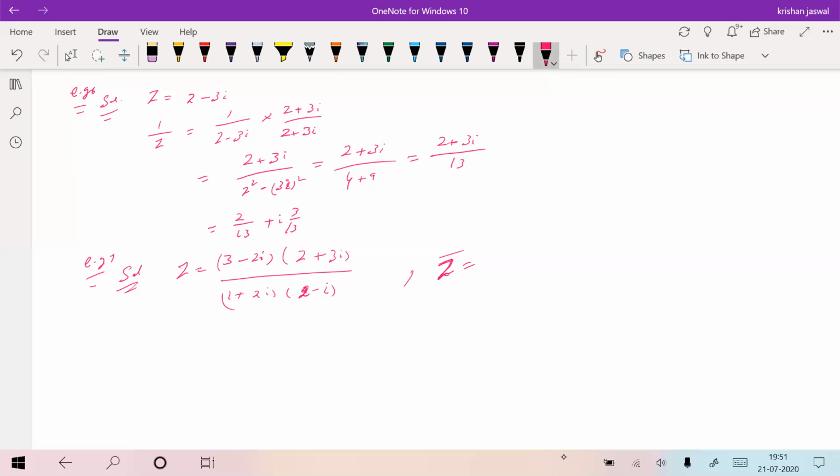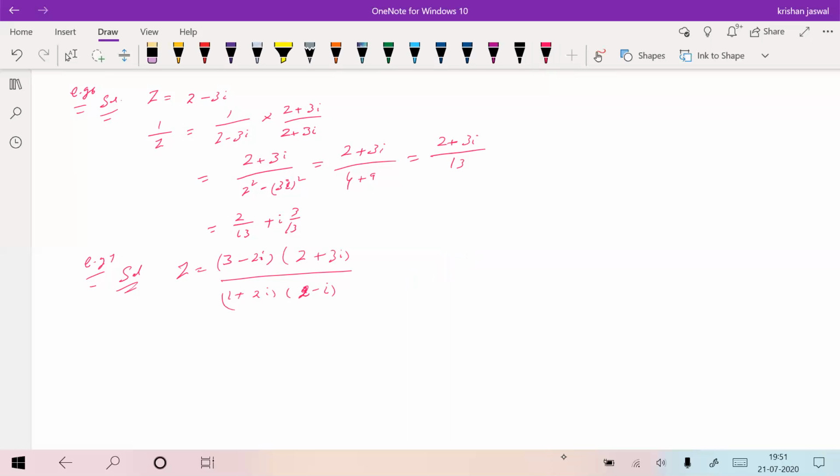Speak its conjugate. Now write its conjugate. We cannot write its conjugate directly.